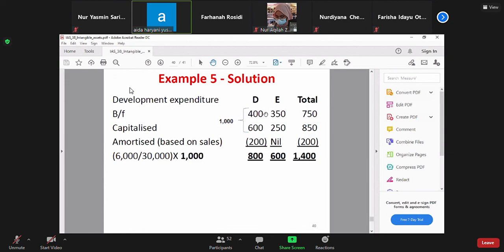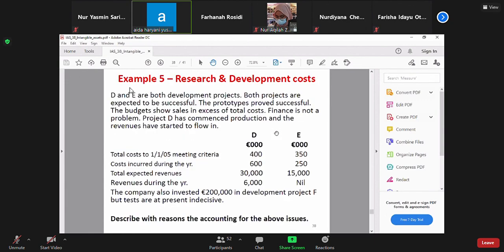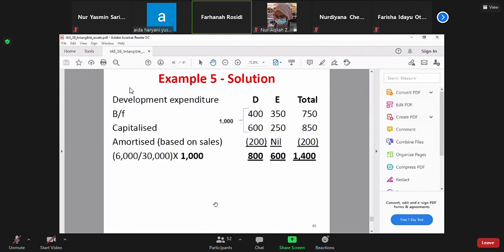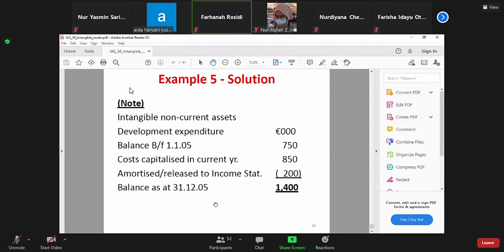Oh. So that's why ini adalah research and this one is the development cost. Project F tak boleh sebab dia indecisive lagi. Maksudnya dia baru early stage. Okay. Do you understand? Yang tu tak kat SOFP je lah kan sebab expense. Yes. Dia letak dekat SOCI saja. Alright. Thank you, madam.